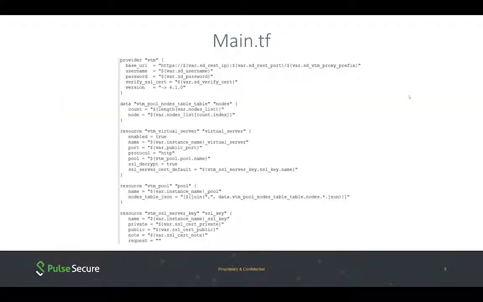So let's go to the details of those 3 files that we have discussed previously. The main.tf contains the declaration of resources required for the deployment. Examples would be provider name, virtual server resource, pool resource, SSL server key resource, and others.